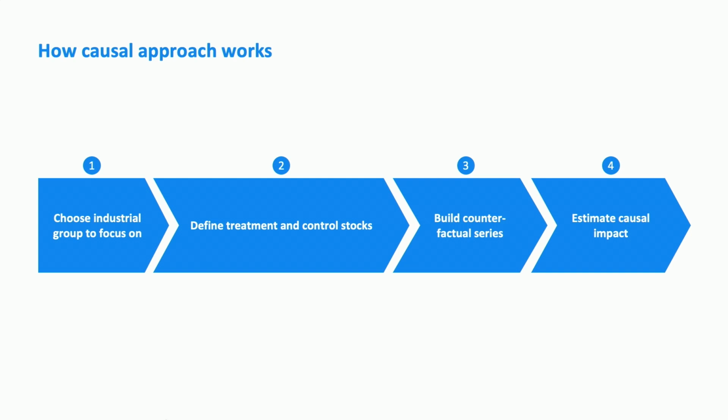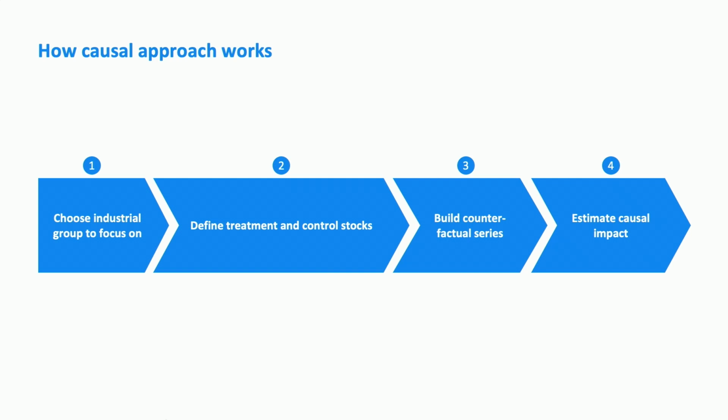The time frame I used for this study is from January 2022 to June of this year. And then we spend a lot of time defining the treatment group and control stocks. The treatment group is simple to start with. It's the stocks that actually had events on that day. And the event we focus on here is the target price downgrade.